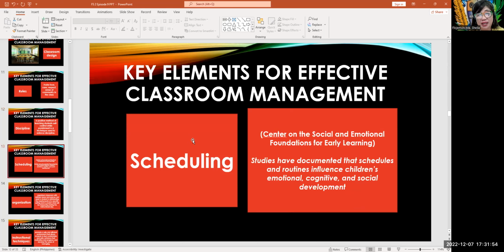Another one is scheduling. According to the Center on the Social and Emotional Foundations of Early Learning, studies have documented that schedules and routines influence children's emotional, cognitive, and social development. Meaning that you are going to give a time allotment to each period and every activity inside the classroom.